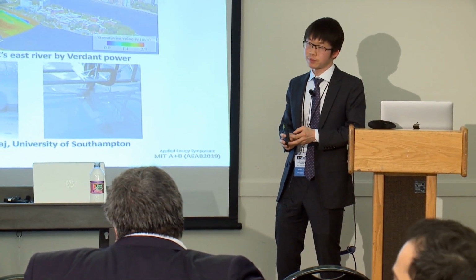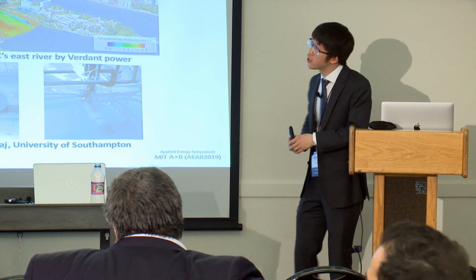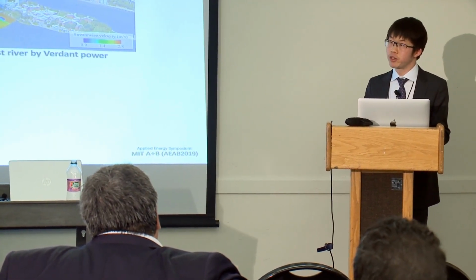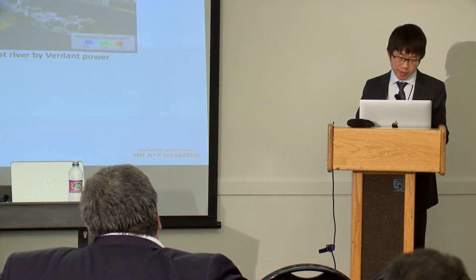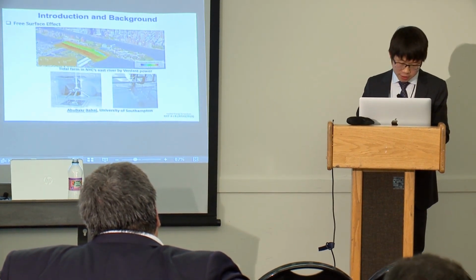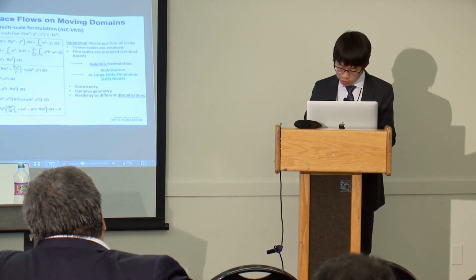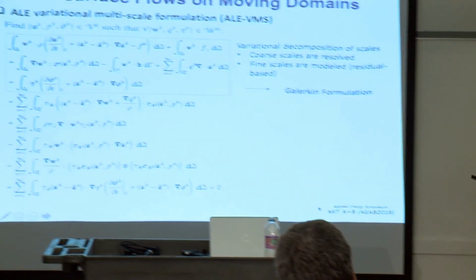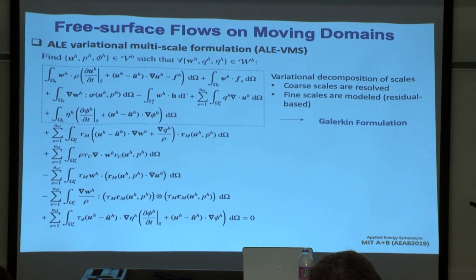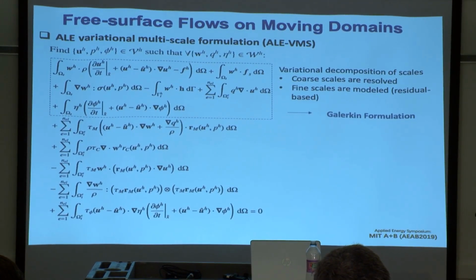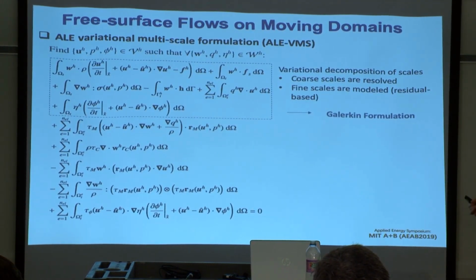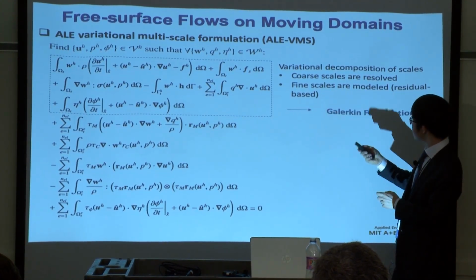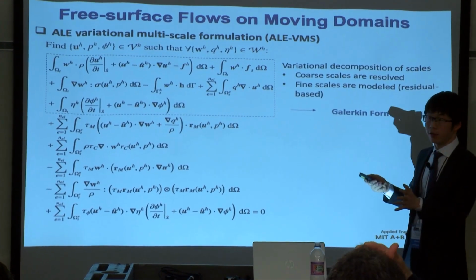So what's the LES model here? The LES model is a so-called variational multi-scale formulation. I can give you a little bit of detail. You decompose your velocity field and pressure field into two parts. The coarse scales are resolved by your given mesh, and the fine scales need to be modeled, depending on your LES model.